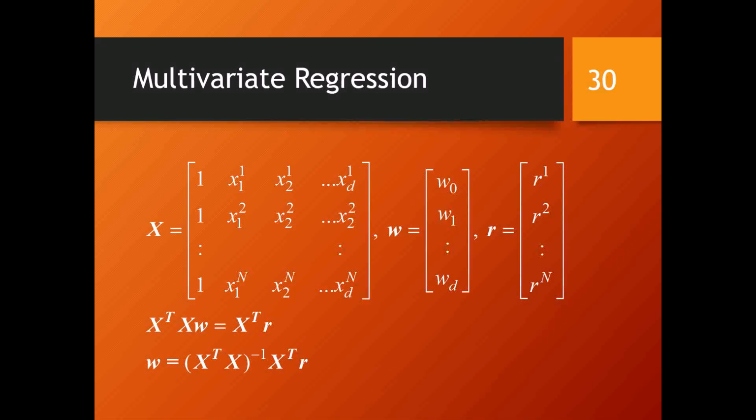Then you can guess your model like this, and you can use this linear regression approach to calculate those W0, W1, W2, up to W4. That will be easy. So this is another way for us to model the nonlinear system. All right?